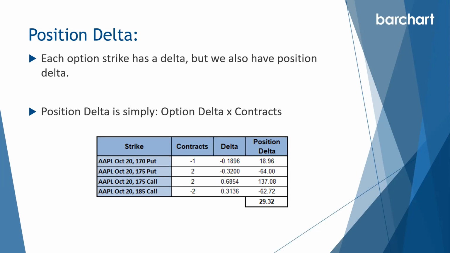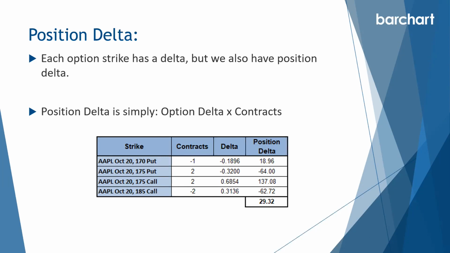Same with the calls. We've got a 175 strike call, buying two of those at the 68 delta. 2 times 0.68 times 100 is a position delta of 137, roughly equivalent to owning 137 shares of Apple. Then the final example, the 185 strike call, selling two of those contracts at a 31 delta.